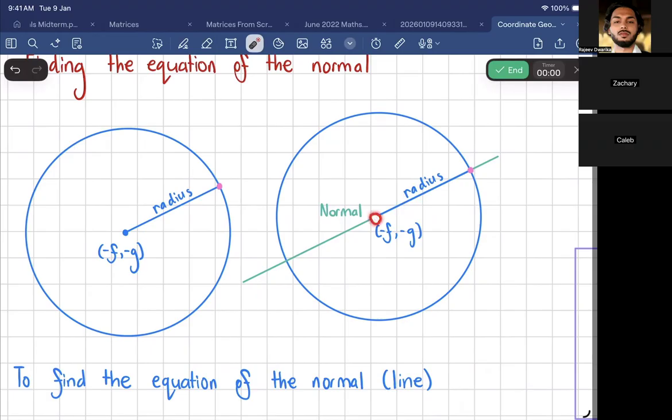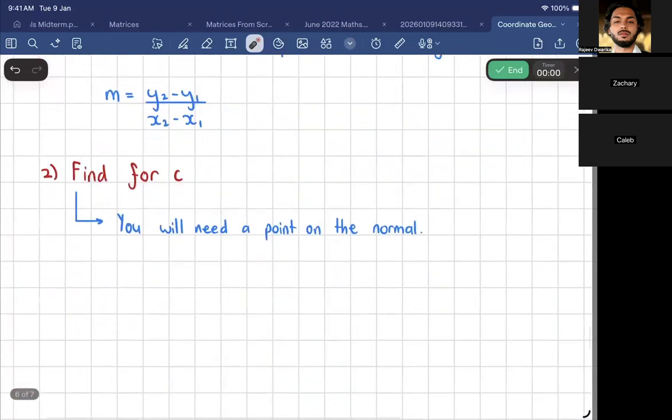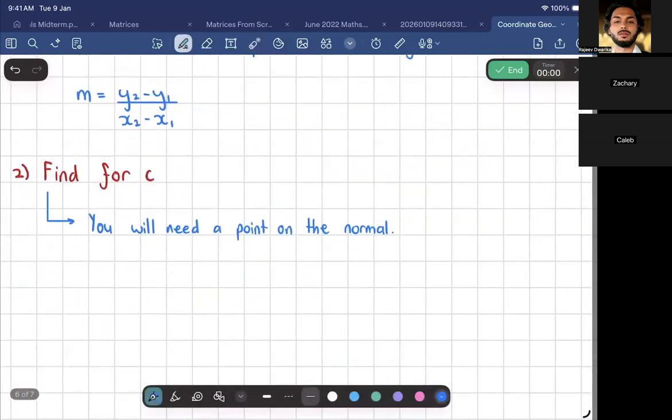Does the center lie on the normal? Yes, sir. Caleb, can you see that the green line passes through that red point? Yes, sir. So when I say we'll need a point on the normal, a possible point you could use is the center point.